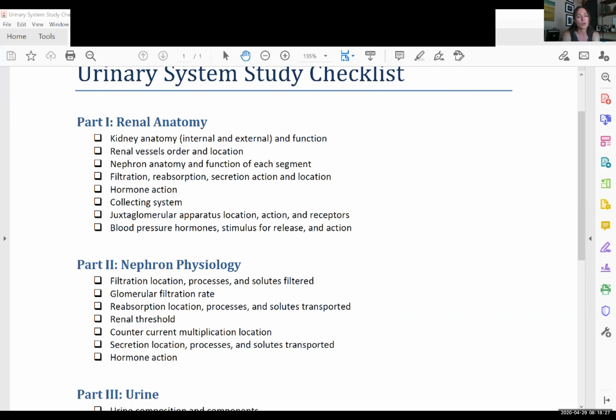So there's quite a bit of mechanisms utilized that are in more of the basic cell process that is allowing for all of this good stuff to get back into the blood. And so again, this is taking place up in the cortex. The part of the nephron is the proximal convoluted tubule.